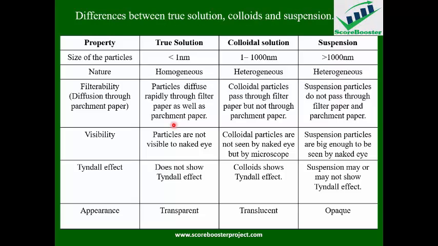So this is in tabular form, representing the summary of what we have been discussing. In terms of the size of molecules, the true solution is the smallest, the suspension is the biggest, greater than 1000 nanometers. The colloidal solution is in between them. In terms of the nature of the solution, the true solution is homogeneous because it is completely dissolved in the solvent.